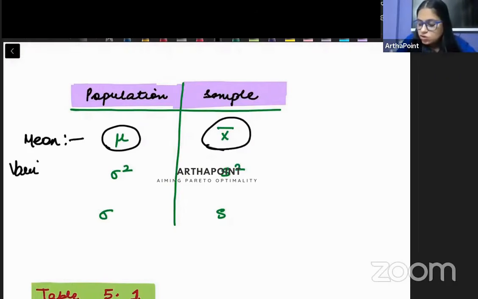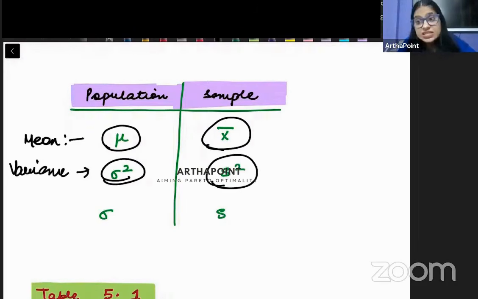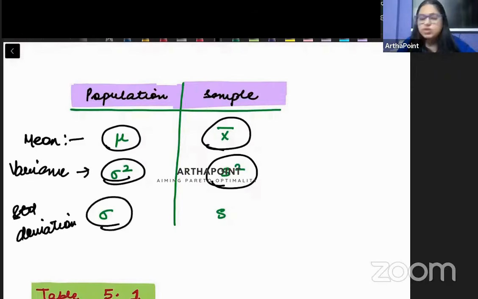Similarly, the variance of the population is called sigma square, and the variance of the sample is called s square. The standard deviation of the population is sigma, and the standard deviation of the sample is S, right? So these are some of the important abbreviations that you have to remember.